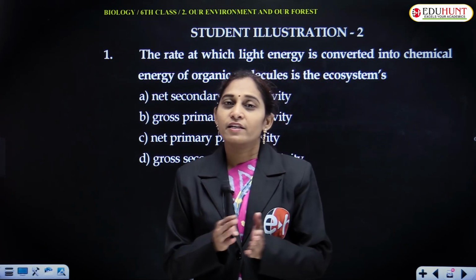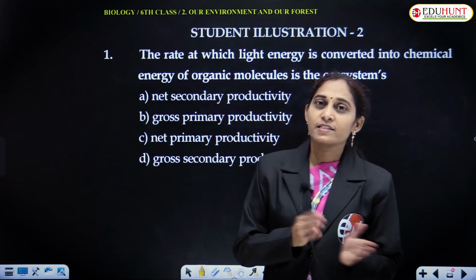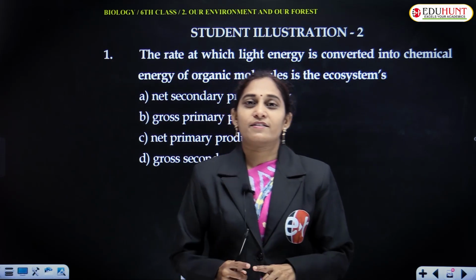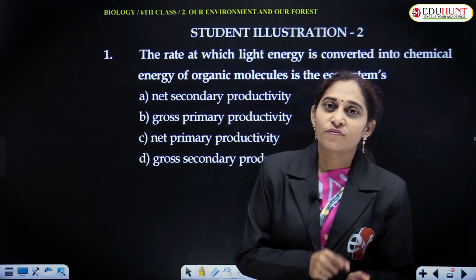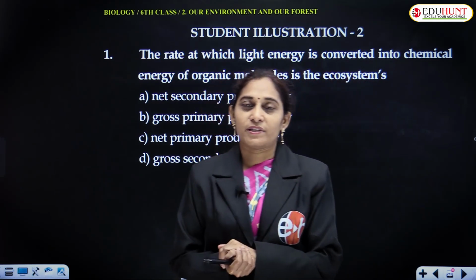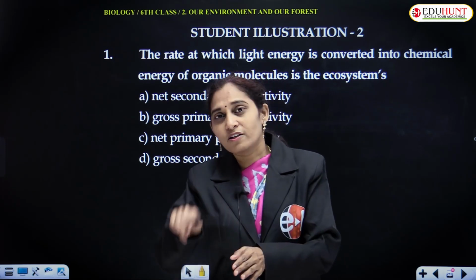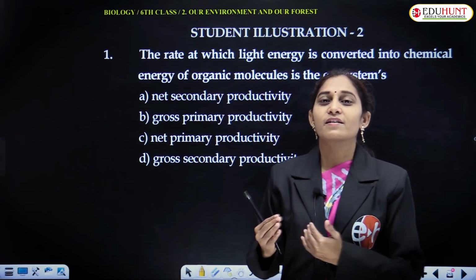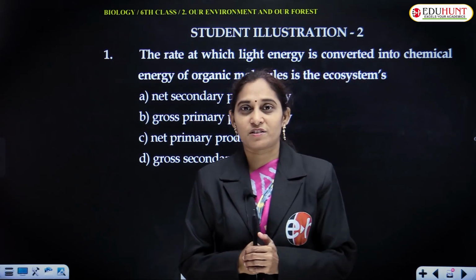Between these two, there is a difference and there is a relation. The biotic components of the ecosystem depend on the abiotic component, and the abiotic components circulate via these biotic components. That is the relation between these two components of the ecosystem.